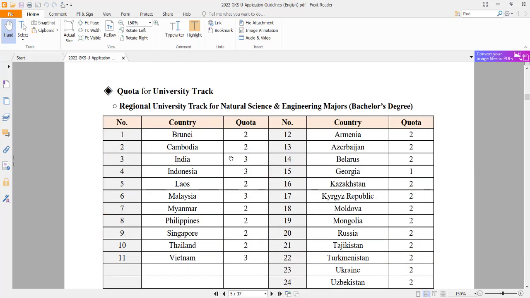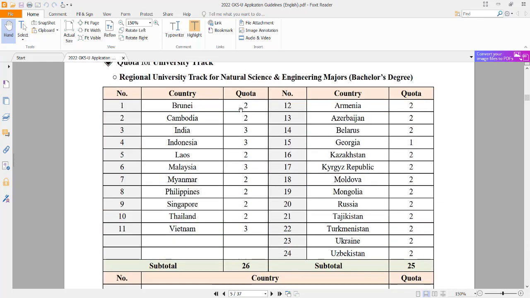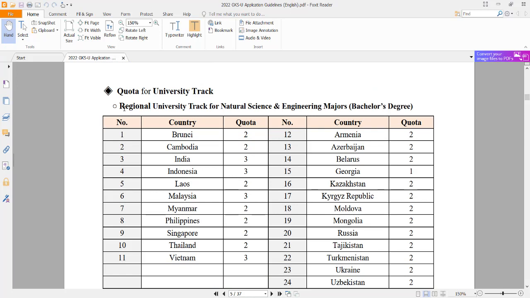So before proceeding more into the guidelines, let me clear this point about the regional university thing. Suppose you're planning for a science degree, that is called a bachelor in science, like bachelor in physics or whatever related to a science major or engineering major or mathematics major.